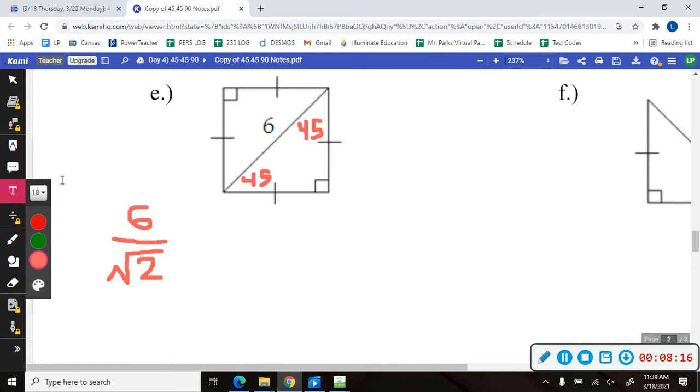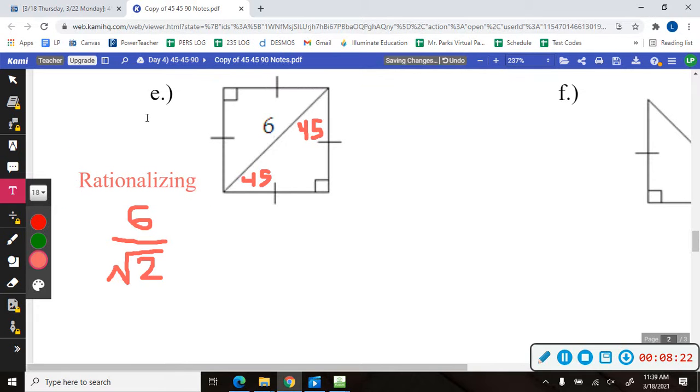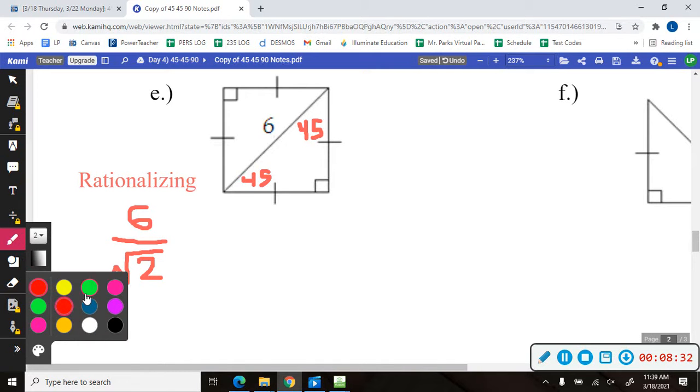Now we learned yesterday, and it's called rationalizing, that it is not okay to have a square root in the denominator. This is not a correct answer. So how do you undo a square root of 2? Well, you multiply top and bottom by square root of 2.